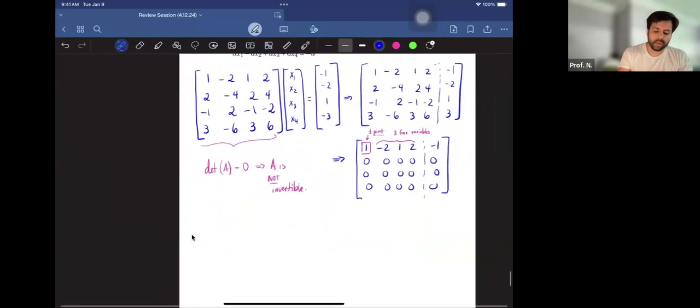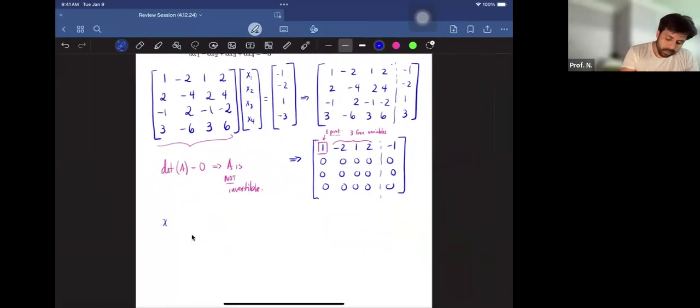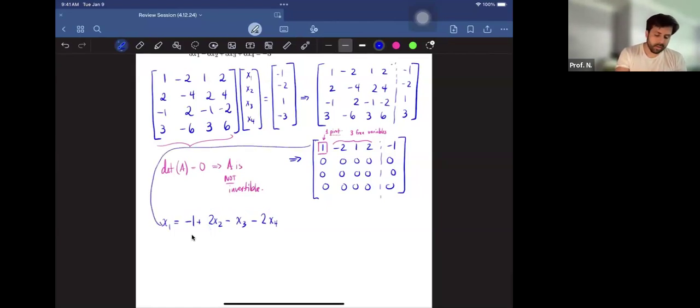So according to this system, x1 is equal to 2x2 minus, sorry, not 3x3, it's x3 minus 2x4 minus 1. That's what I get from the first row of the row reduced echelon form.